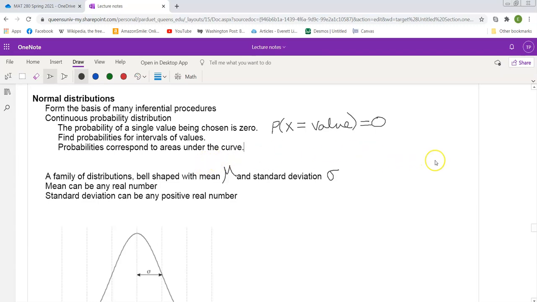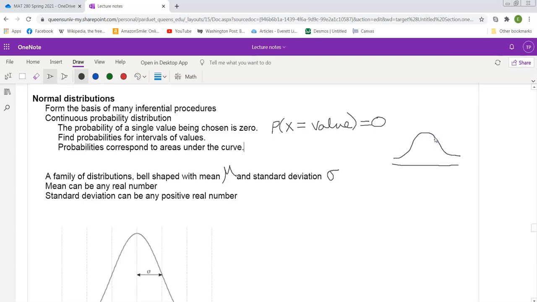Also, in general, probabilities correspond to areas under the curve. And what I mean by that is if you've got your probability distribution, and say, just for the sake of it, let's just say it looks like this.